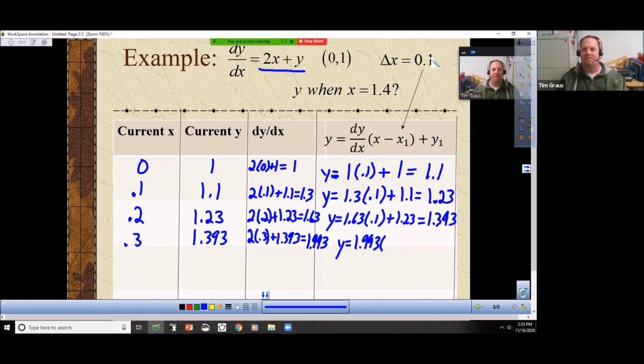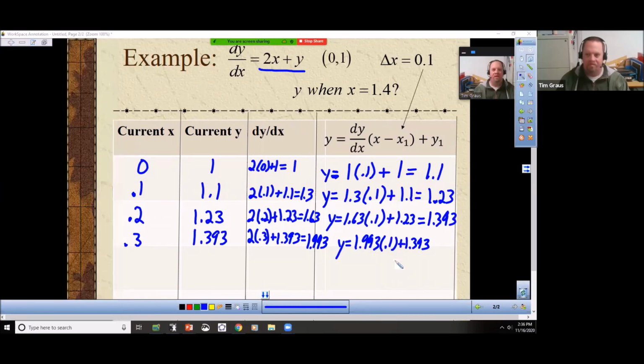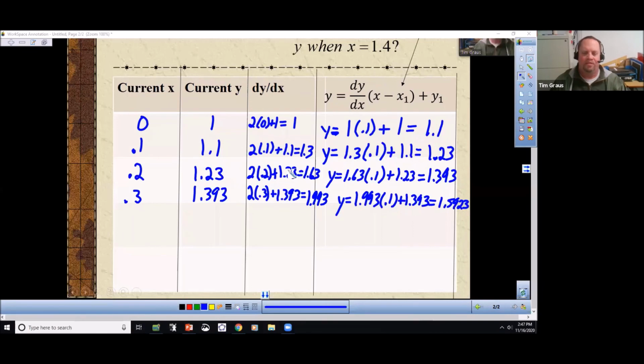Remember, the change in x is always the same amount. I'm always moving over the same steps. So 0.1 for change in x and add the y value 1.393. When I put those numbers in my calculator, I get 1.5923. And so the y value at 0.4 is 1.5923.